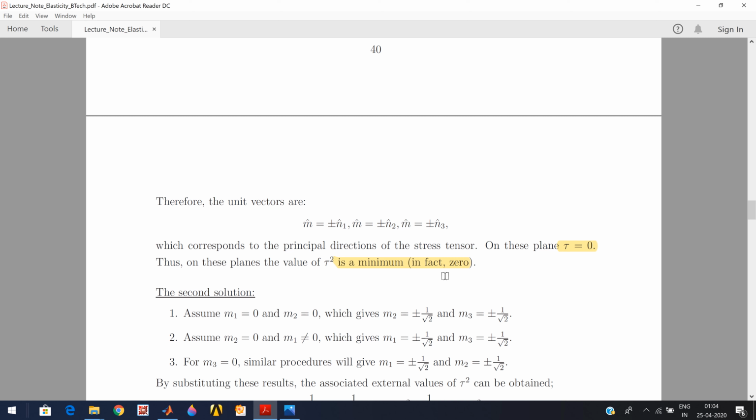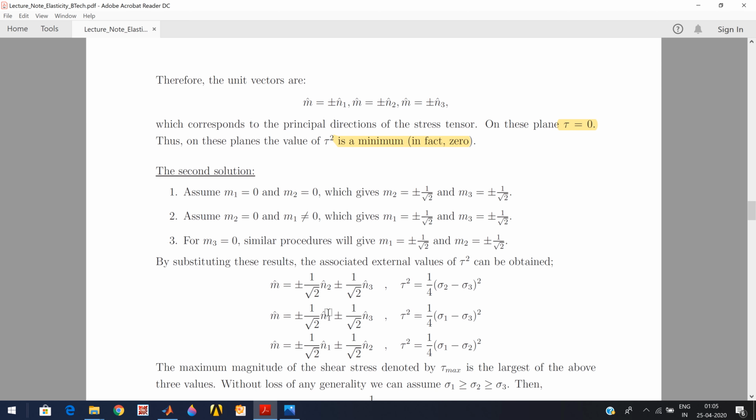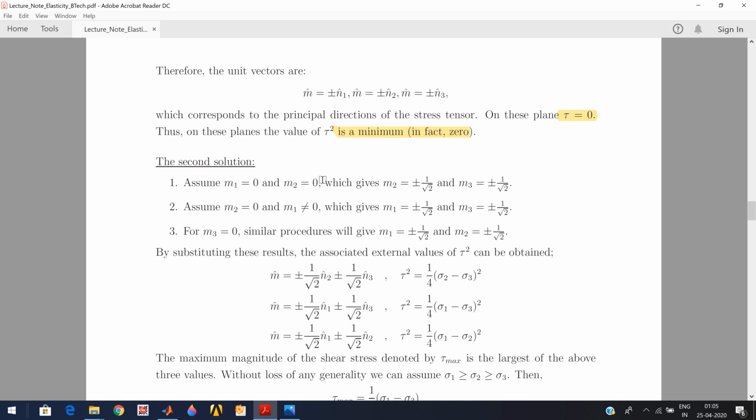Because we are optimizing tau square, tau square is always positive, and in some places we have 0 value, so that means the minimum definitely has to be 0. So that's what is coming here, and the other non-zero extremum values we will get from the second equation.